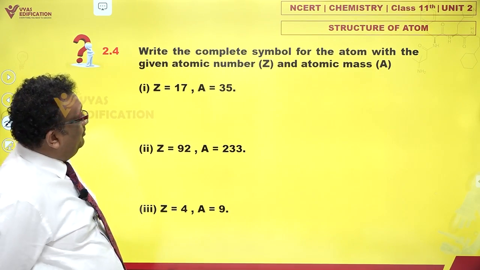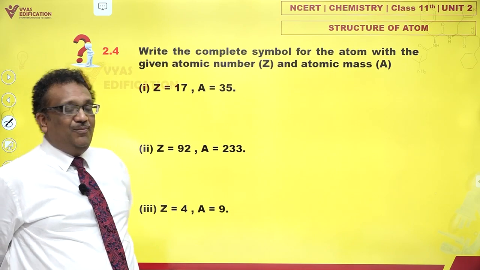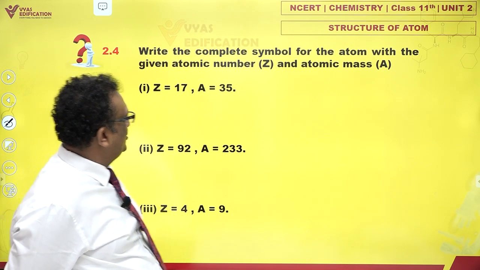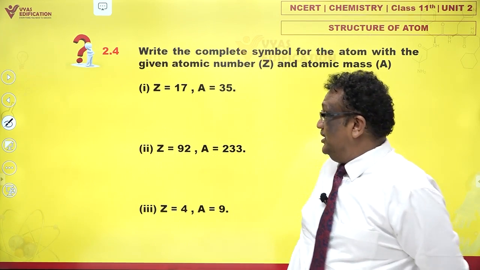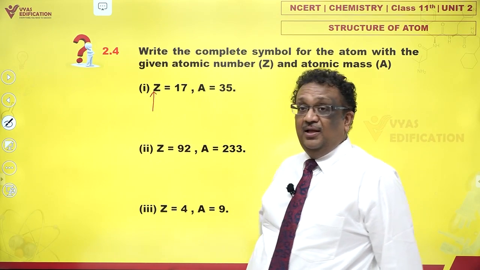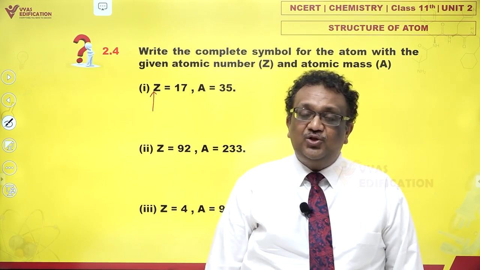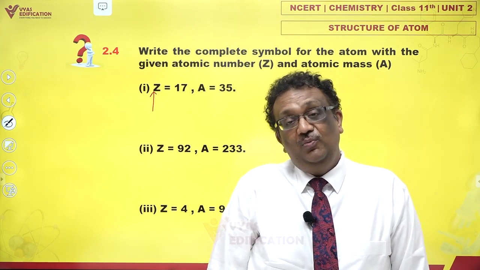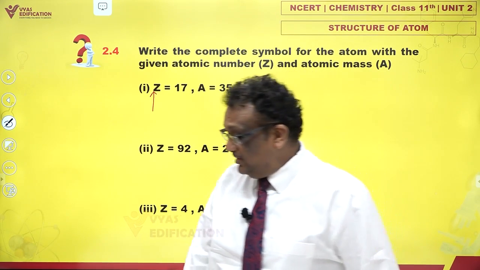Write the complete symbol of the atom with the given atomic number Z and atomic mass A. Well, that's not very troublesome. First, you have to decide the element based upon the atomic number Z. Actually, it will be very helpful if you remember the atomic numbers of noble gases. Noble gases, yes.